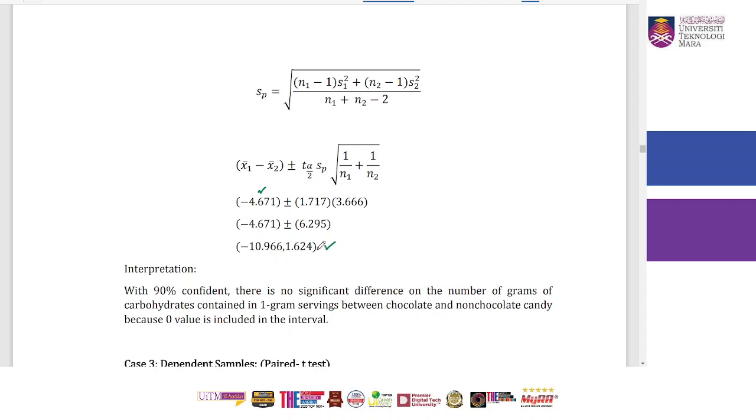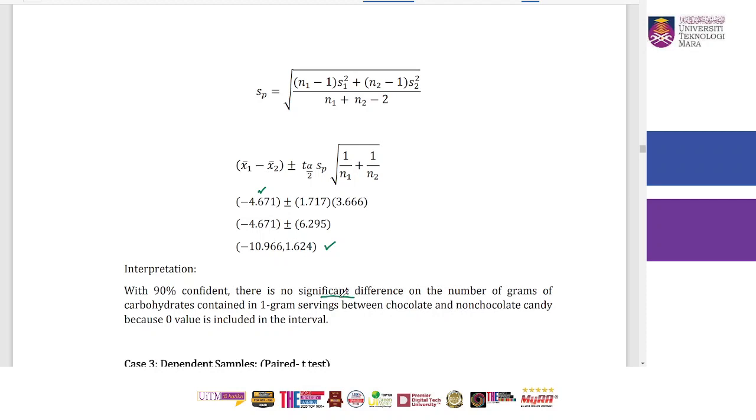So that means zero is in the confidence interval, meaning to say that there is no significant difference between the carbohydrate contents in chocolate and non-chocolate candy. Sebab tu kata kat sini, with 90% confidence, there is no significant difference.